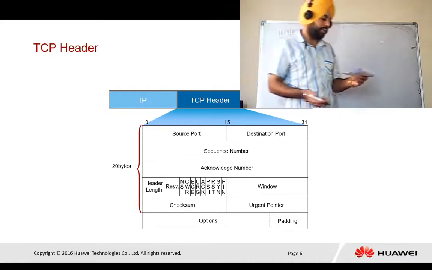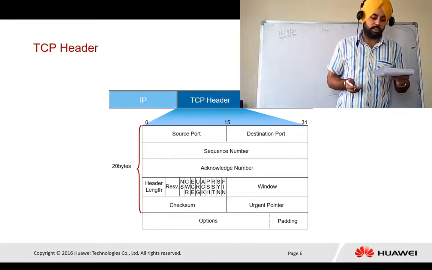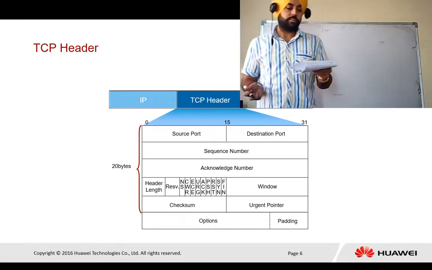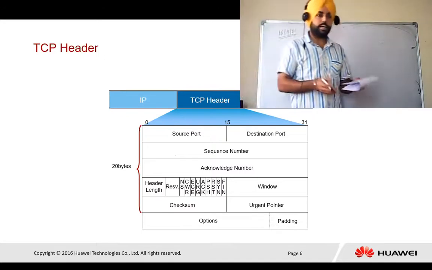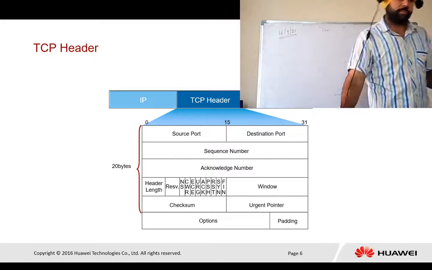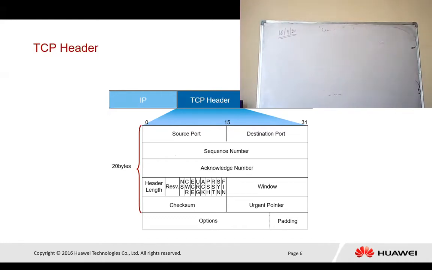Sequence number means how many segments you are sending. Sequence number plus acknowledgement number, they are working together.